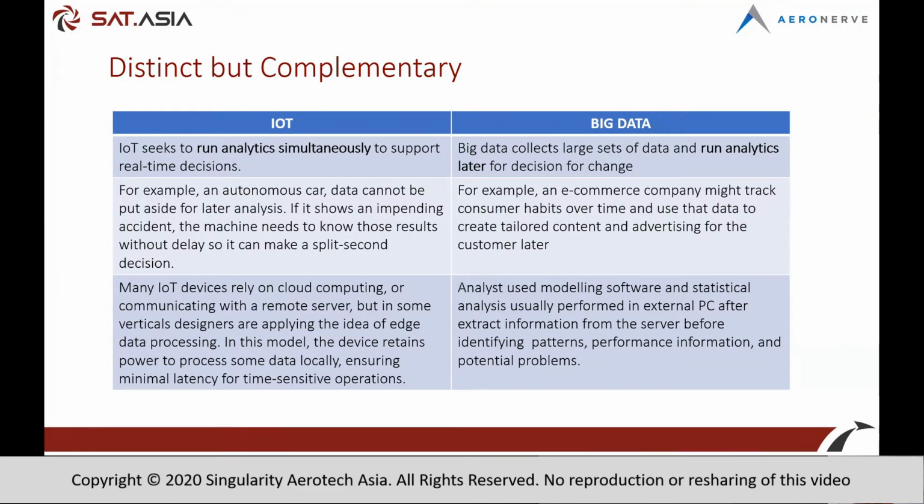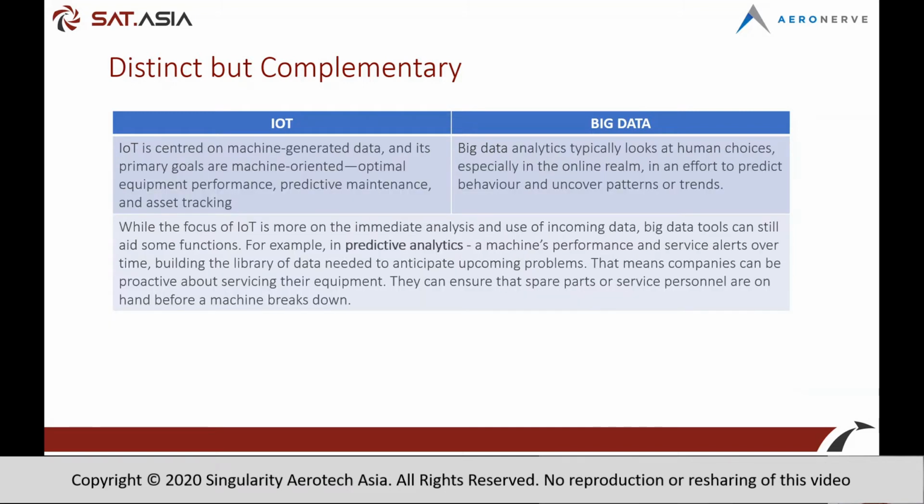While in big data, analysts use modeling software and statistical methods, statistical analysis, usually performed on an external PC after extraction of the information from the server, before identifying patterns and performance improvements later. IoT is centered on machine-generated data. I have to say that because it's things, most of the data that is generated is from sensors and devices, and its primary goal is also machine oriented.